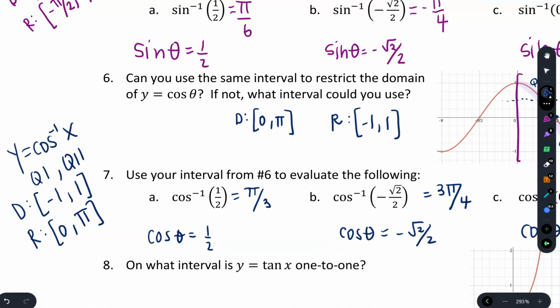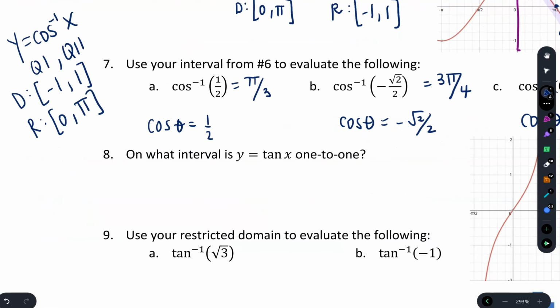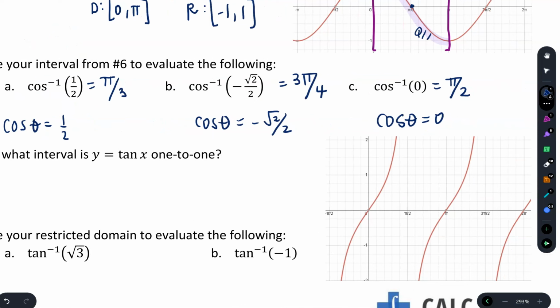That means my theta values are going to lie in quadrant 1 and quadrant 2. That's what I'm going to look at on my unit circle. All right, now let's look at tangent. Where can I restrict the domain for tangent to be one-to-one? Is it going to be similar to sine and cosine? Let's look at this graph. Is it going to be 0 to pi?